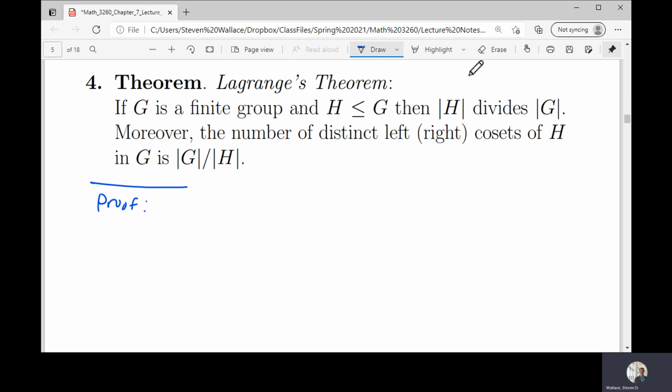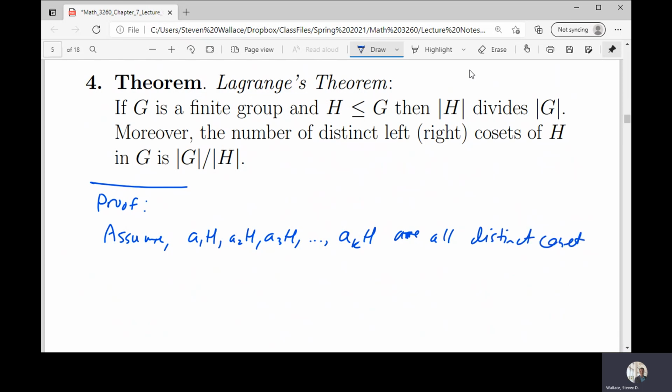So the point is, let's assume that A1H, A2H, A3H up to AKH are all distinct cosets, are all of the distinct cosets of the subgroup H.